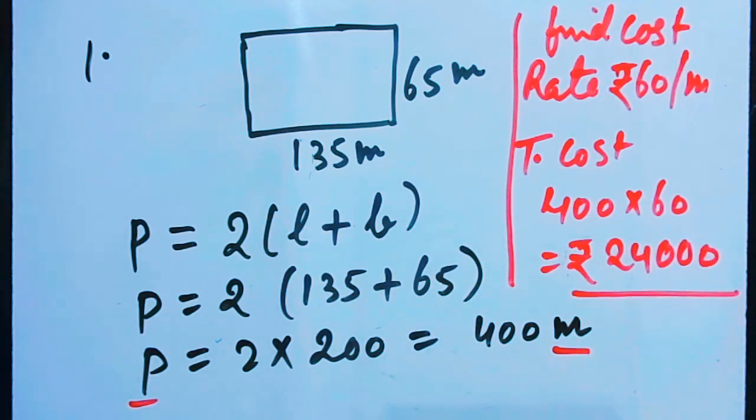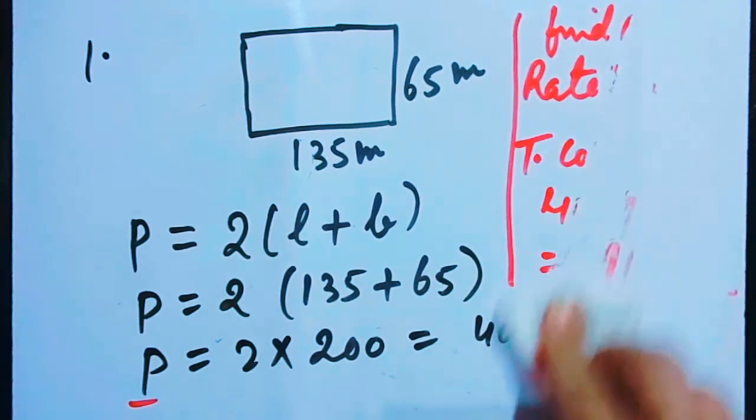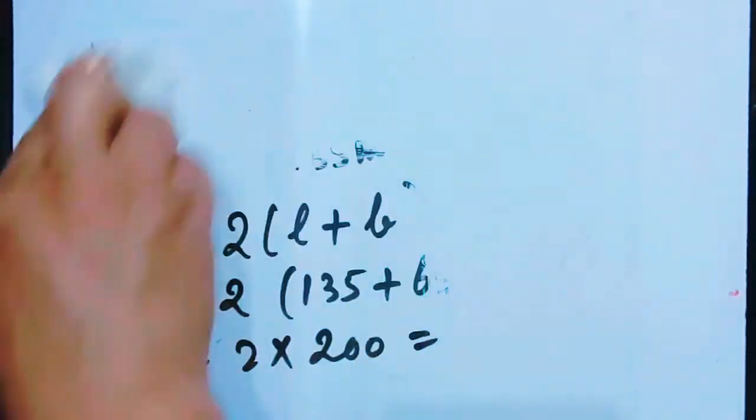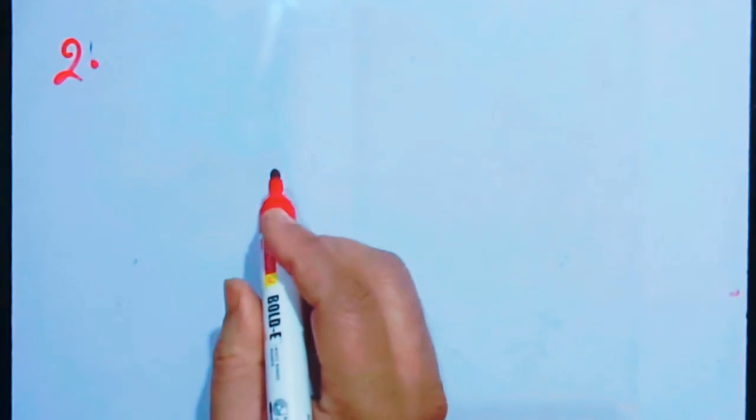Clear? Now, number 2 says that they have not given you the length and breadth, but they have given you their ratio.